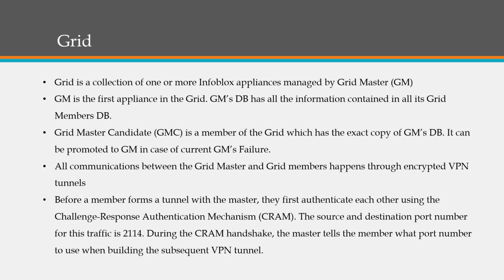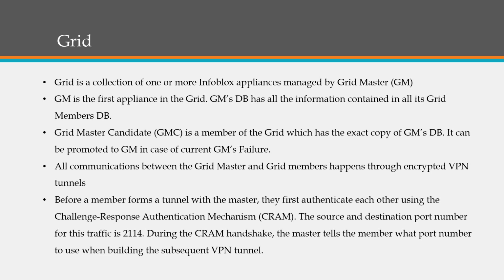So what is a grid? A grid is a collection of one or more Infoblox appliances managed by a grid master. The grid master is the first appliance in the grid. An important property of the grid master is that the grid master database has all the information contained in all of its grid members' databases.